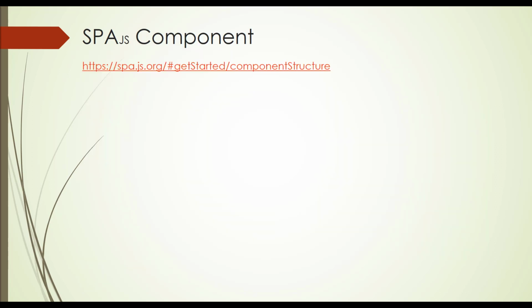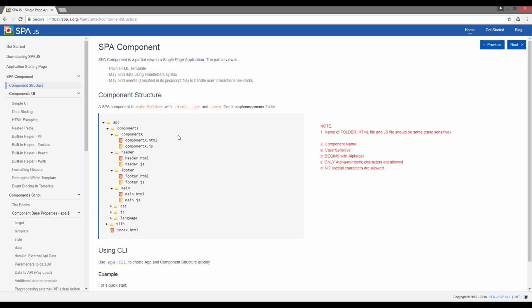The same thing applies in our SPA.js. As it clearly mentioned, a SPA.js component is a subfolder with an HTML file and a JavaScript file and an associated CSS file. The CSS file is right now optional, but however, we can have a component specific CSS in the folder.